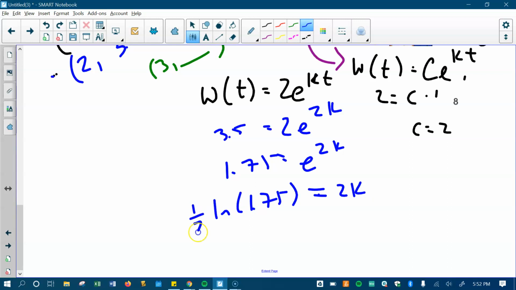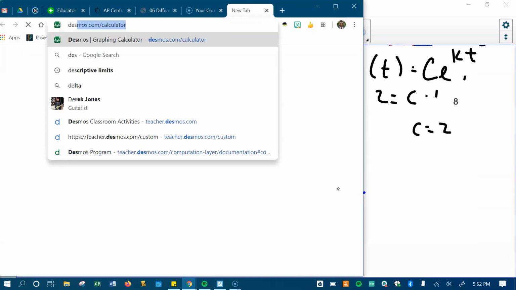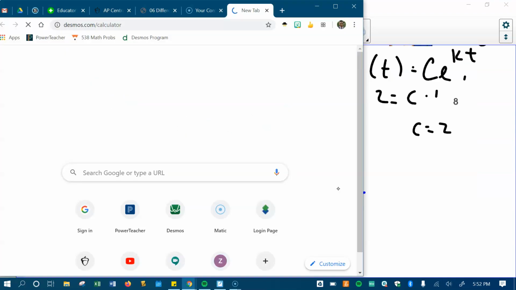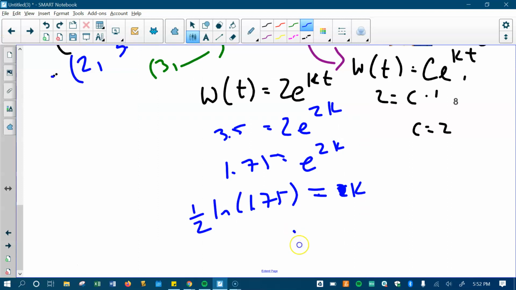And if I just divide by 2, I get k. Let's plug that into a calculator and get decimals here. Natural log of 1.75 divided by 2. Natural log of 1.75, okay, so I get 0.2798. So that's what my k value is.